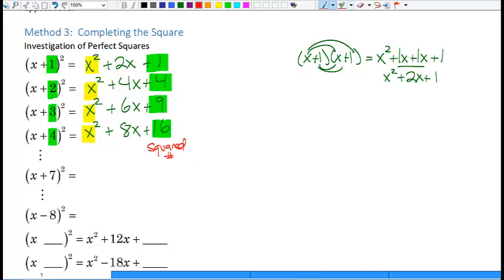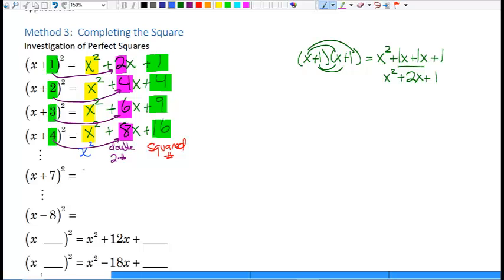And then the other thing that people might notice here is that the one in the middle, 2, 4, 6, 8, that is double, or 2 times your number. So 4 times 2 is 8, 3 times 2 is 6, 2 times 2 is 4, 1 times 2 is 2. And then we also said that this first one is always x squared.